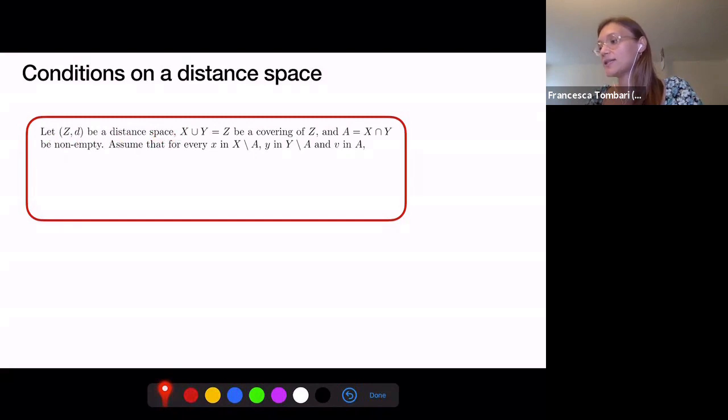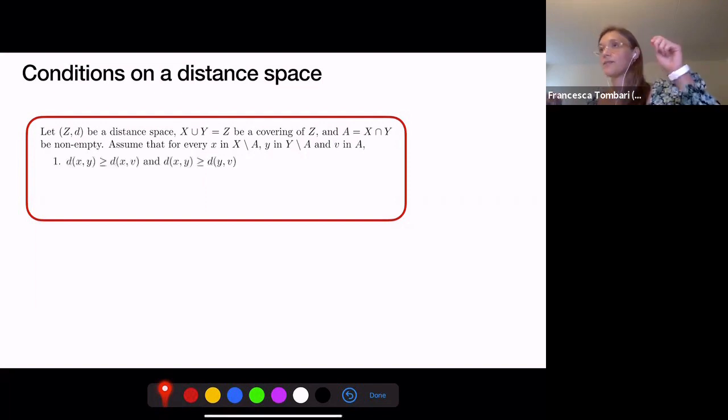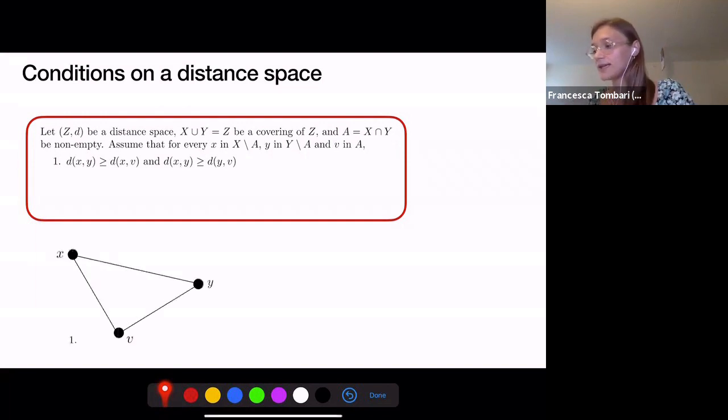So we have a distance space, and we have a decomposition of it as we've done before. And again, A is the intersection of these 2 pieces, which is required to be non-empty. And also we need 2 conditions to hold. Take one point x in X minus A, one point y in Y minus A, and one point v in A. Like this, they would form a triangle. And we require that the distances from x to v and from y to v are smaller or equal than the distance from x to y.